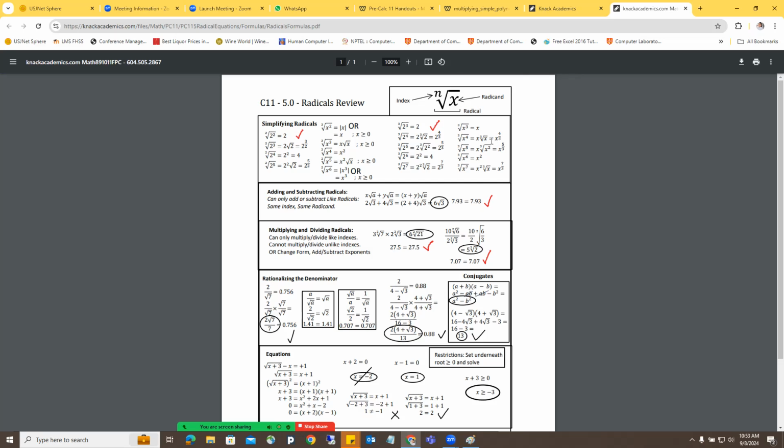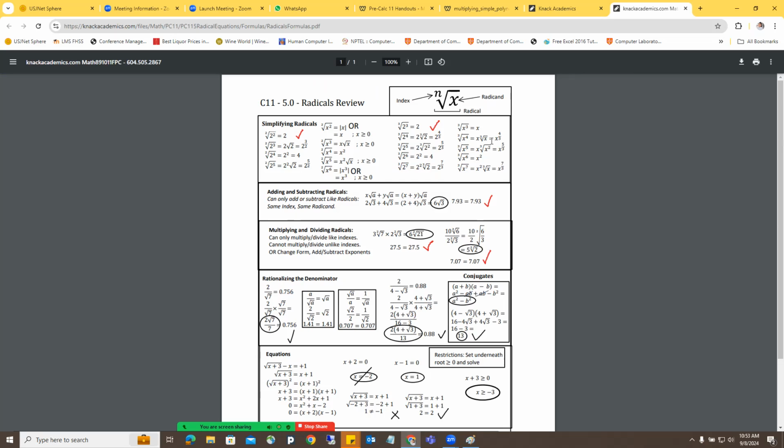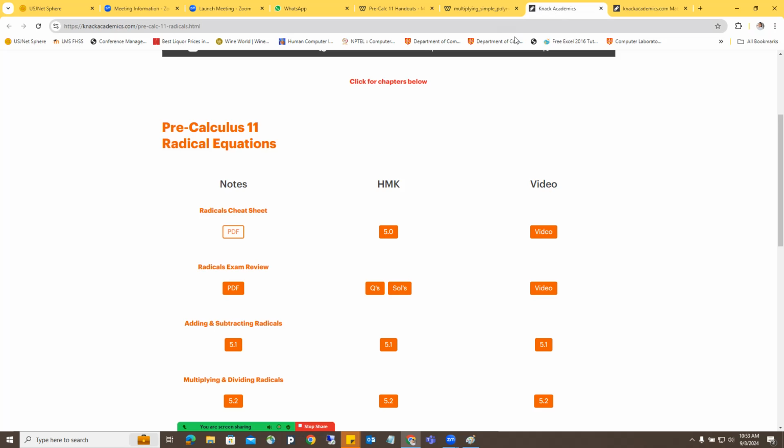Do the radicals. Okay. I think the restriction is like the below. Like the domain restriction, I don't know if you know the word. I didn't learn it, but it says on the sheet.